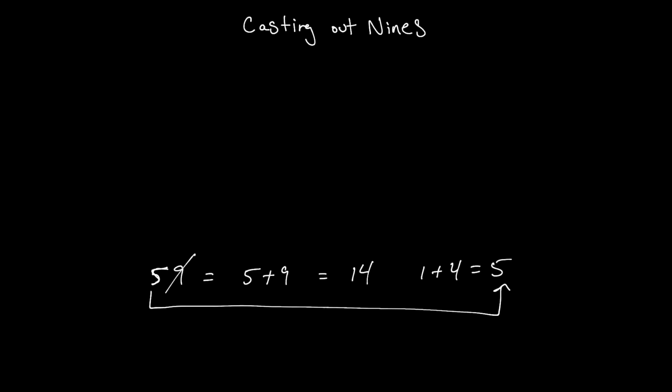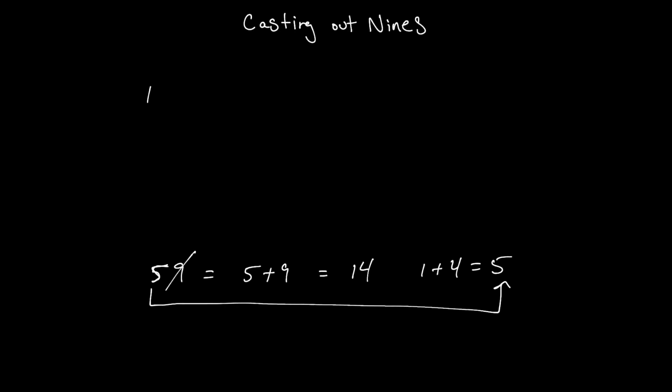So for example, if I have 169, you see if I add those together, I get 1 plus 6 plus 9. 1 plus 9 is 10. 10 and 6 is 16. And then 1 plus 6 equals 7.